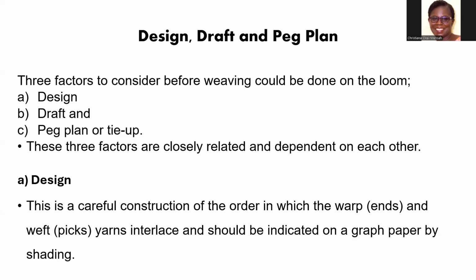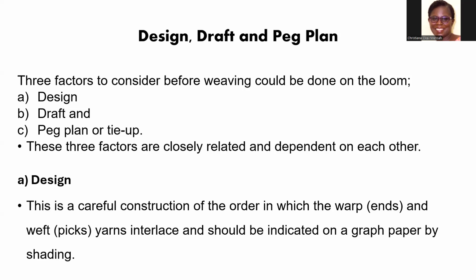So they are called warp ends. Then the weft picks, the ones that we use for interlacing, you put in the shuttle to put inside the warp yarns when we open them, are called the weft picks. So the weft picks interlace, and this should be indicated on the graph paper by shading. So that is the design.